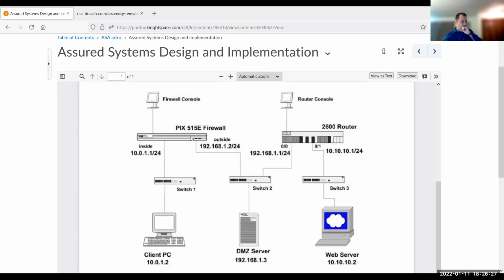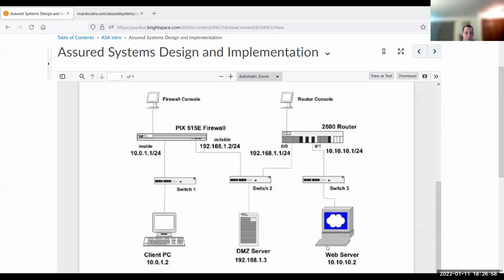Our firewalls are called the ASA, so don't mind the names. This is just a diagram that I always set up, but it's a different model of firewall than we have in the lab. Basically we would have a firewall here, a router here, some switches, and then computers and individual networks.